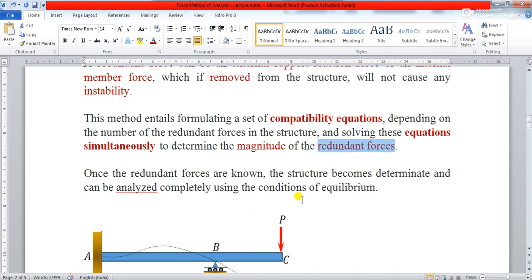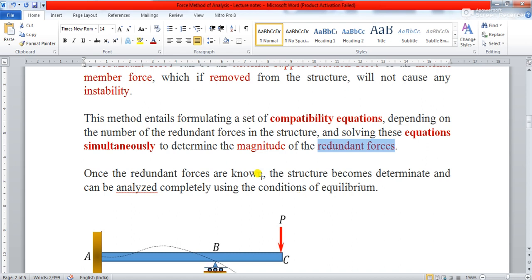You know all the unknown forces in the structure. Once you know all the unknown forces in the structure, then what will happen? You will be able to now apply the conditions of equilibrium, and using the conditions of equilibrium you should be able to solve the structure.